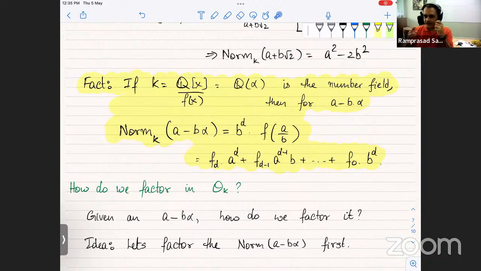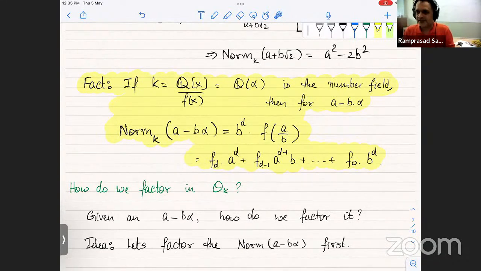Now that tells me that if at all it's a multiple of things, it has to be a multiple of some prime of norm 3 and some prime of norm 5, because we know for a fact that any integer will go to an integer norm. Everything is multiplicative.